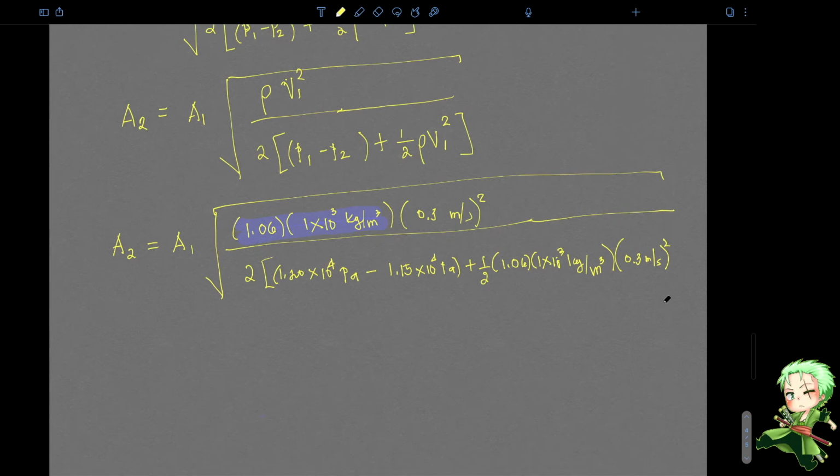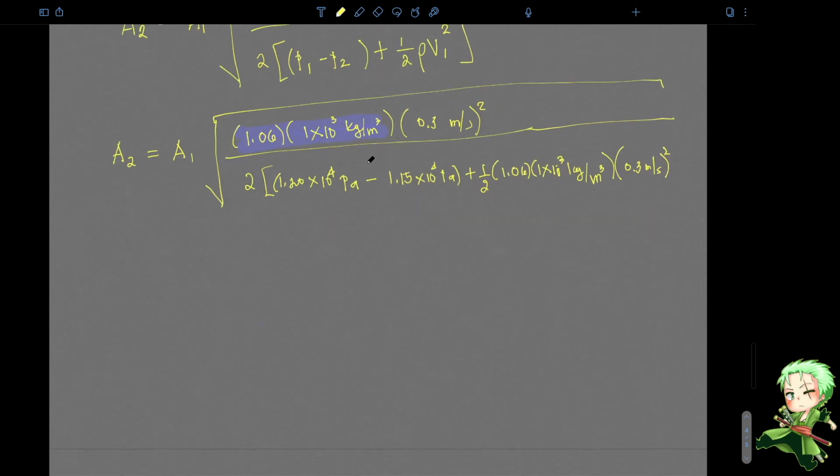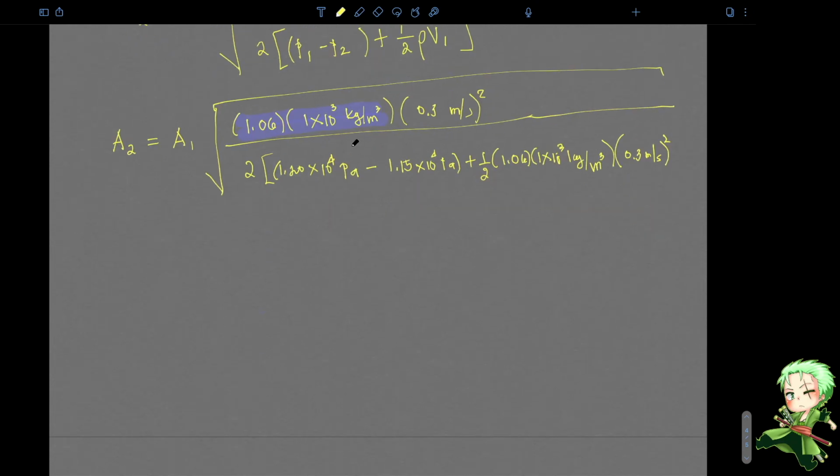Now the next step that we are going to do is to check the units, to see if we will get a sensible result out of it. Let's disregard first the numerical value, so I'm working with units. I have kilograms per cubic meter, multiplied by meters squared per second squared, and then you divide that with Pascal.